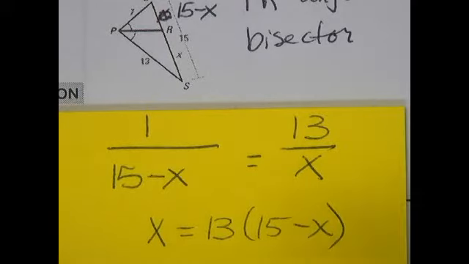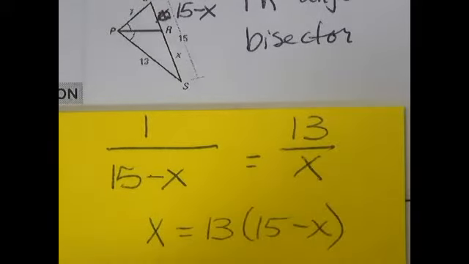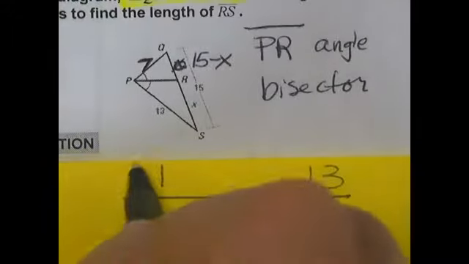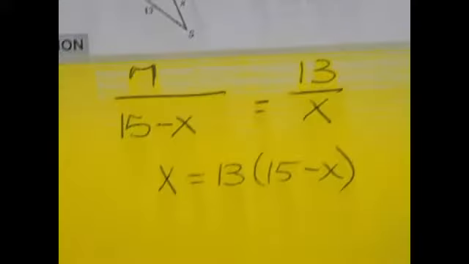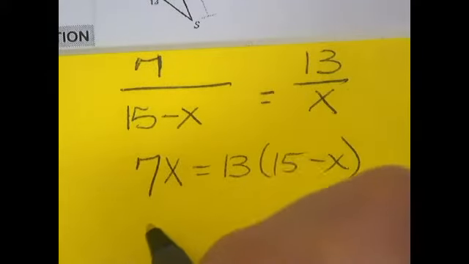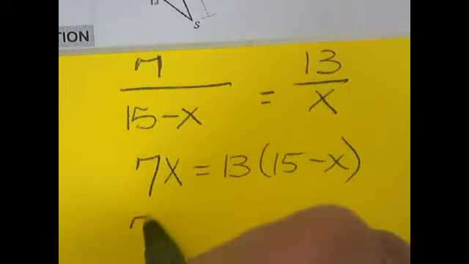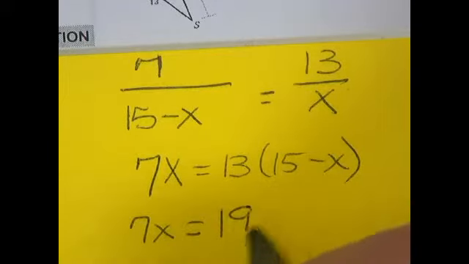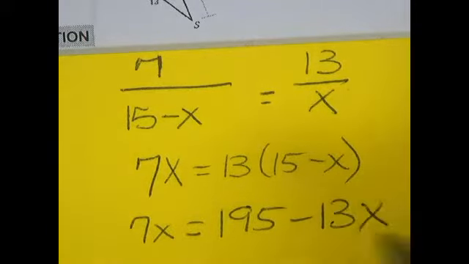Okay, so as we cross multiply, we do 13 times 15 minus x, and we get, oh, I'm sorry, this should be a 7. Okay, so we're going to change this. This should be a 7. So this is 7x. So it's 7x equals 195 minus 13x.